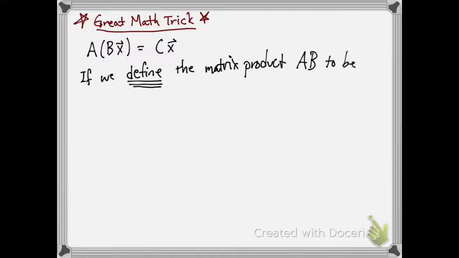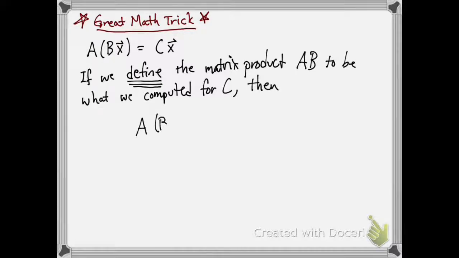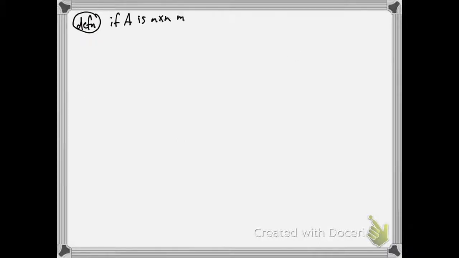So if we define a matrix product AB to be what we computed for that matrix C, then the result that we get, the theorem that we get almost for free, is that A times (B times x) is equal to the matrix product AB times x. It's a fantastic math trick.